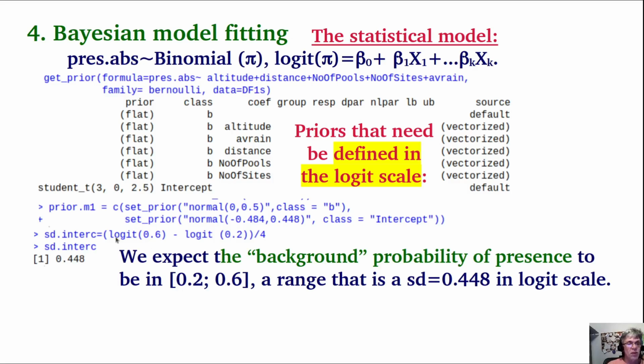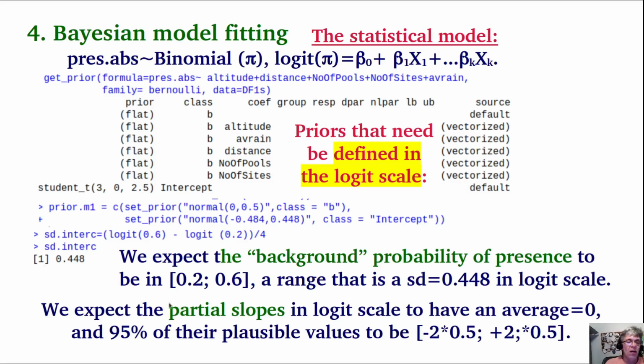From this range, the maximum minus the minimum divided by 4 is an approach coming from meta-analysis, please see the book for details, that allows us to gauge the standard deviation that we should define for this normal distribution. I recall this normal distribution is for the background probability of presence on the logit scale. So we are not saying that it's a negative probability; it's a negative logit.